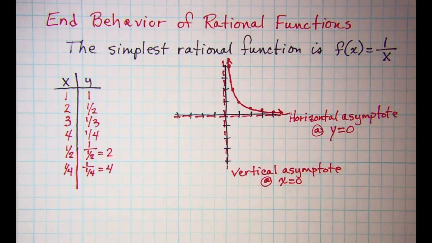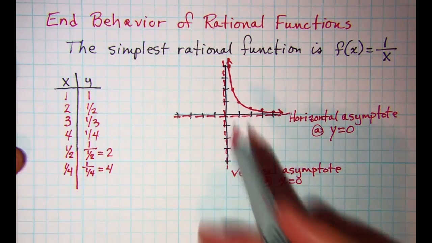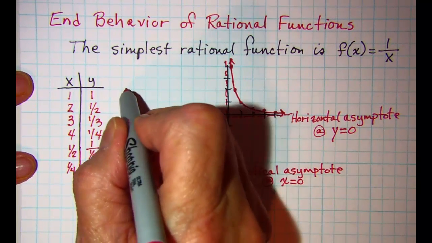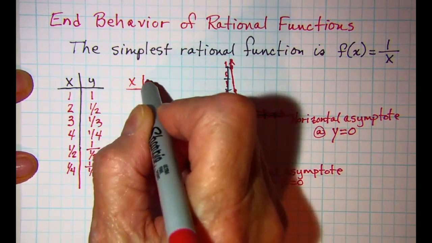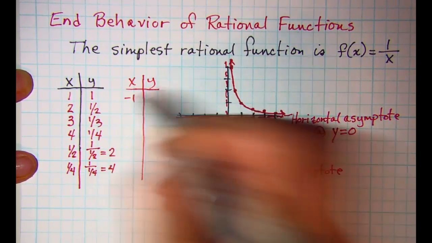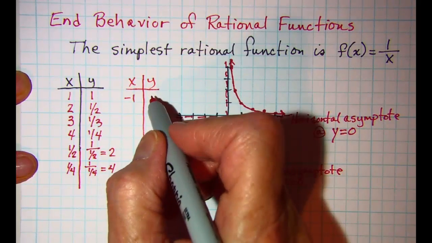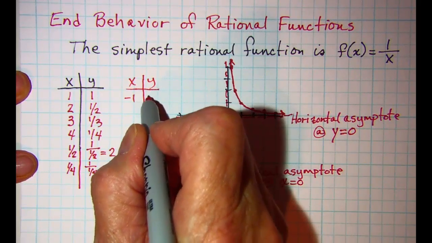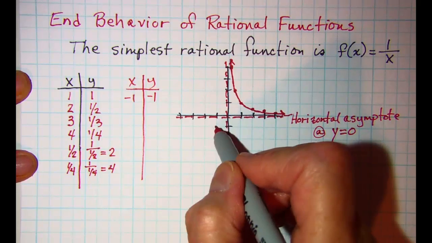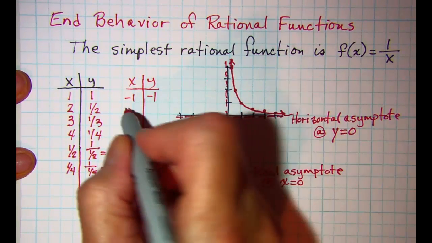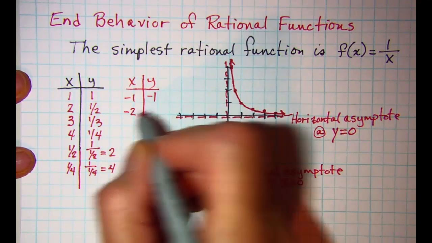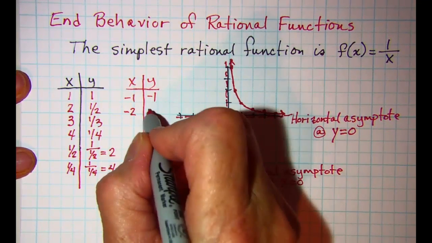Now let's take a look at when x is negative. If x is -1, we have 1 over -1, which is -1. So we have this point right here. When x is -2, we have 1 over -2.